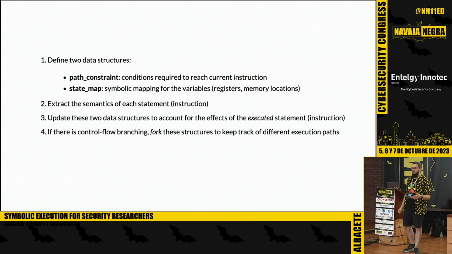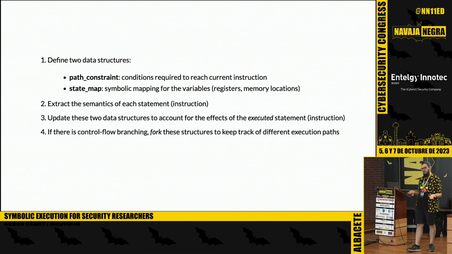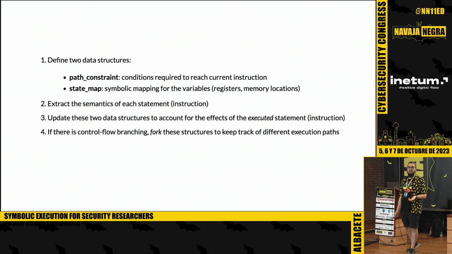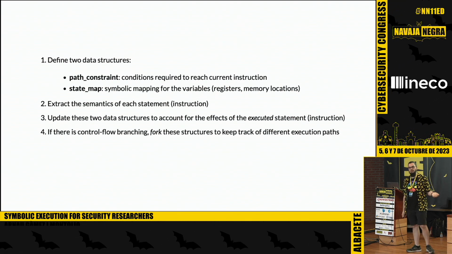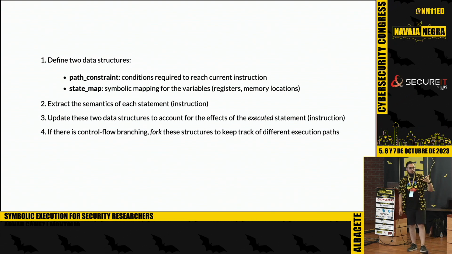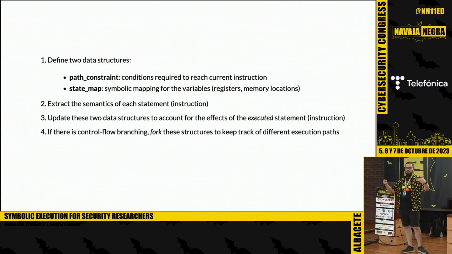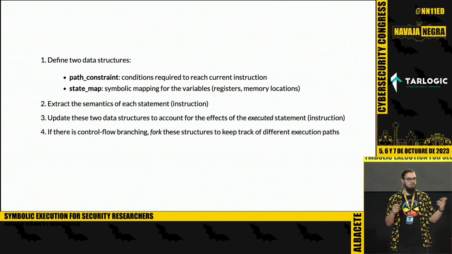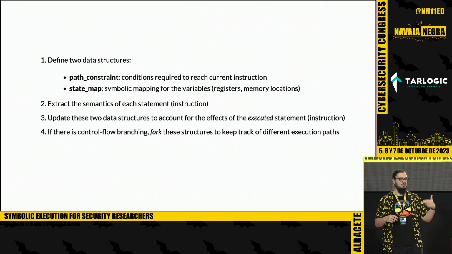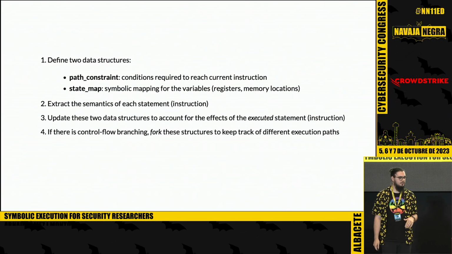By variables, I mean, if you're doing that over a language, just the variables, but if you do that over assembly, usually registers and memory locations. That's not important. The idea is we define the structures, get into an instruction or statement, say, okay, this is an addition of this register with that register. We update our state map, which keeps track of current symbol values.